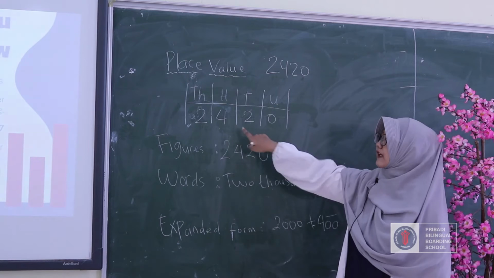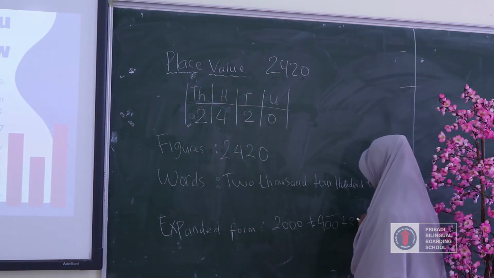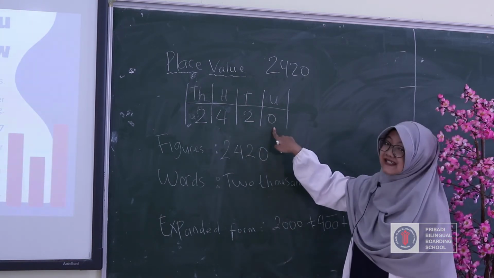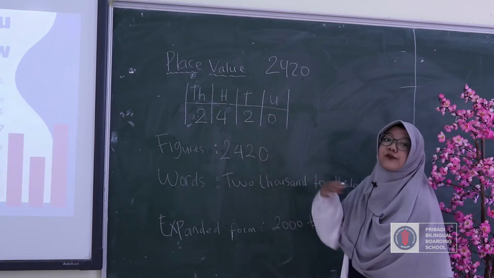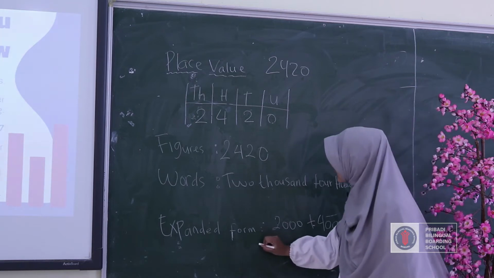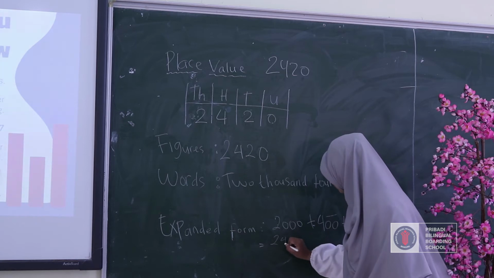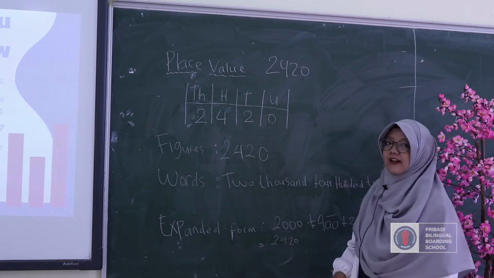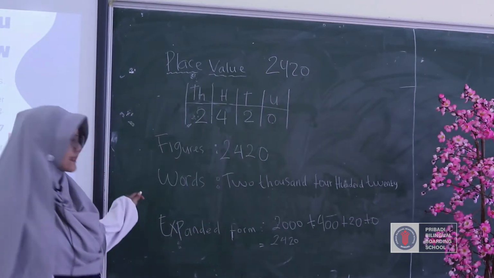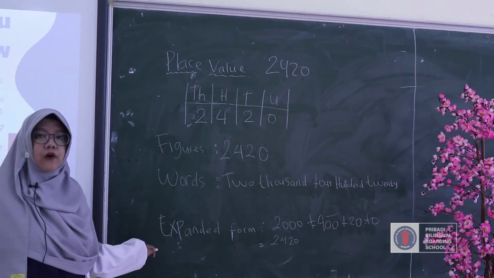And because we have 2 here in the tens, we put plus 20. And because it's 0, we can just ignore it. But if you want to write it, you can just write plus 0. So it will be equal to 2,420.